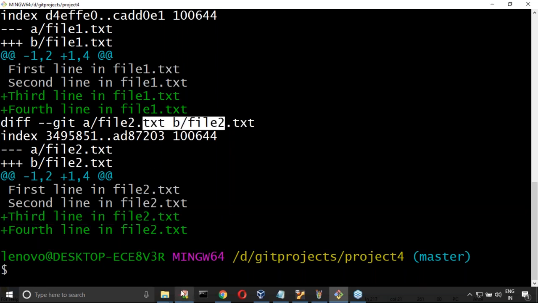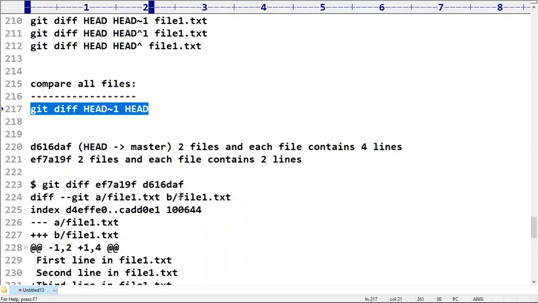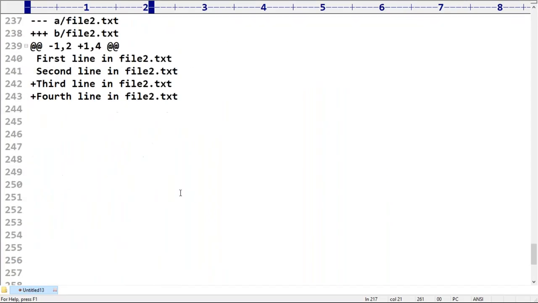Is it working properly or not? Ashutosh, clear, right? So that's all. It's going to show all the files whatever there, sir.